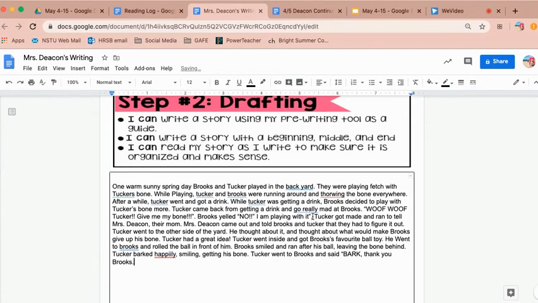As I'm coming to an end on my story, I just want to touch base about the closure. So how are we going to end our story? We want to make sure, just as we started our story strong with a really interesting lead, that we're going to finish our story strong with a really good closing sentence.